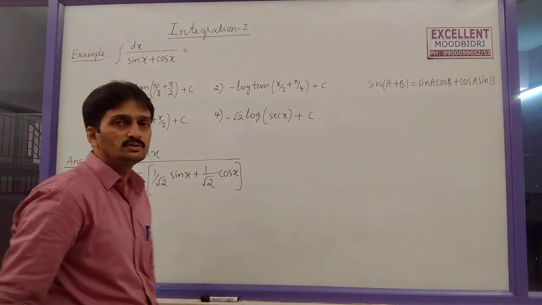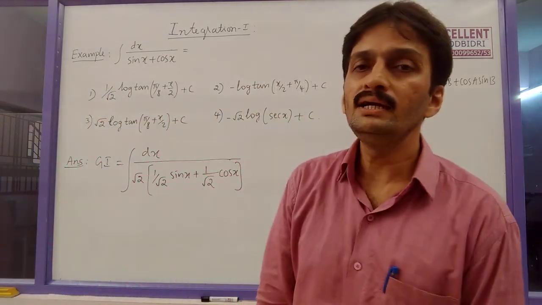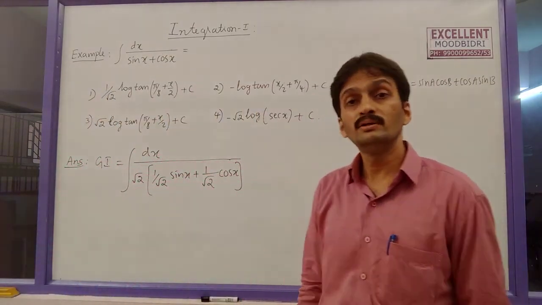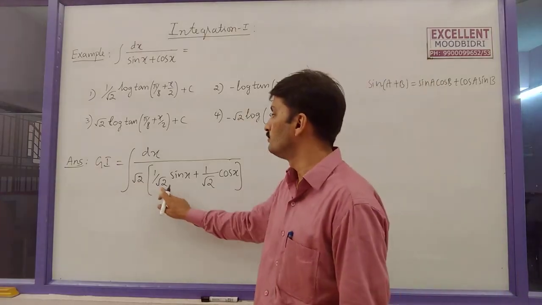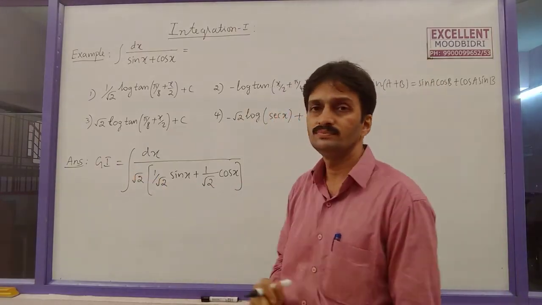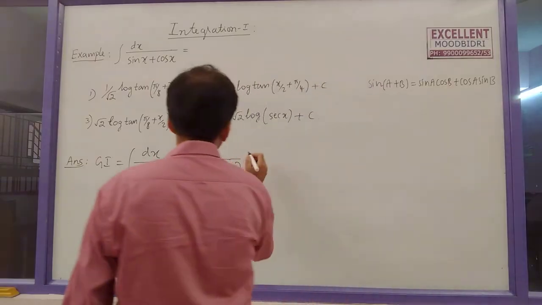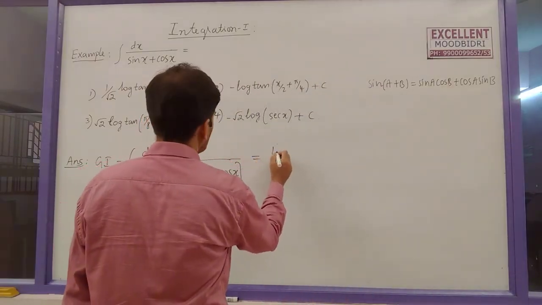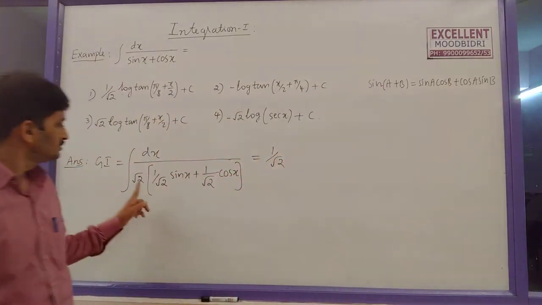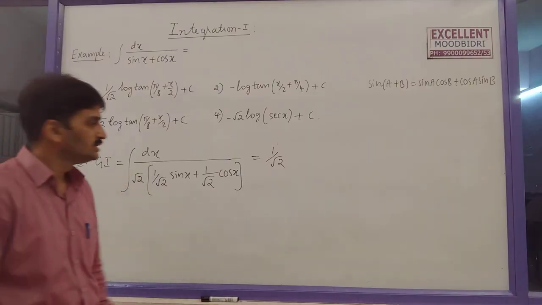Correct? So what did I do? I have multiplied and divided the denominator by root 2. Multiply by root 2, divide by root 2. Now this is equal to, so 1 by root 2 take it out.